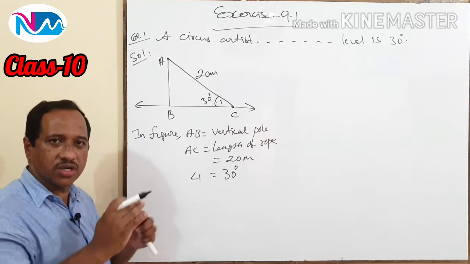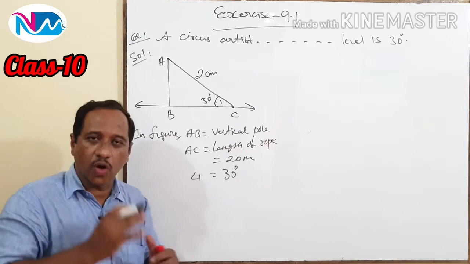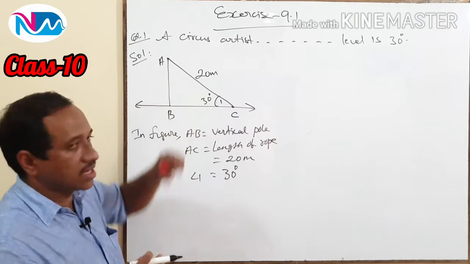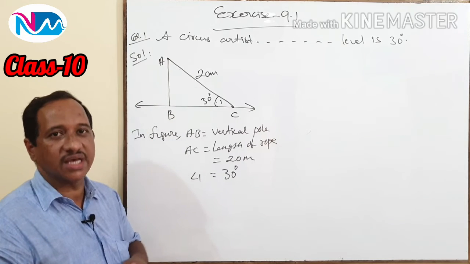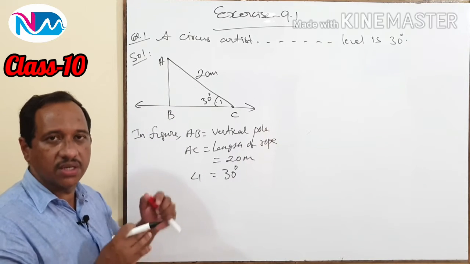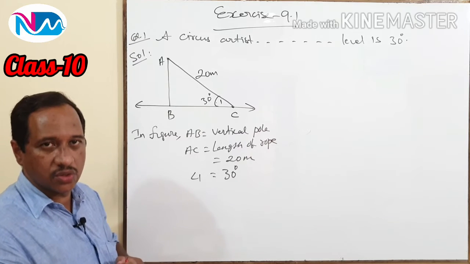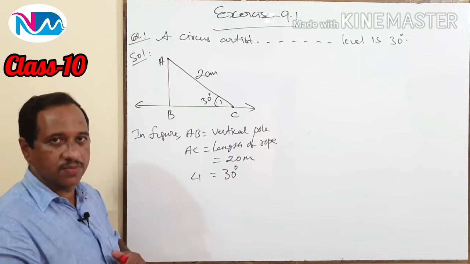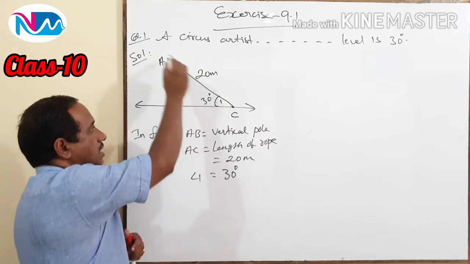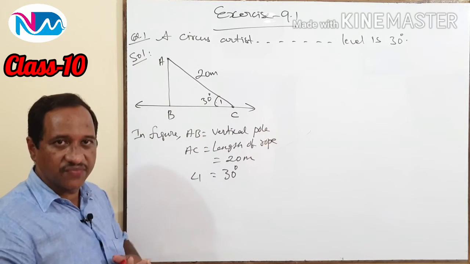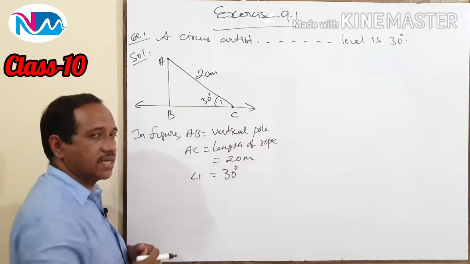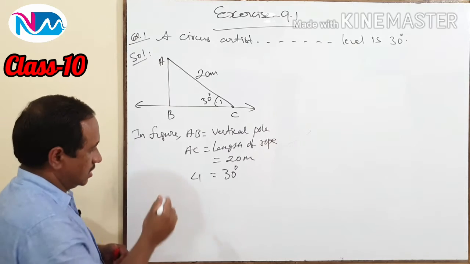Which is the trigonometric ratio formed between perpendicular and hypotenuse? Sine ratio. So here we will use sine ratio to form a relation between the perpendicular AB and hypotenuse AC with respect to the position of the acute angle 30 degree.